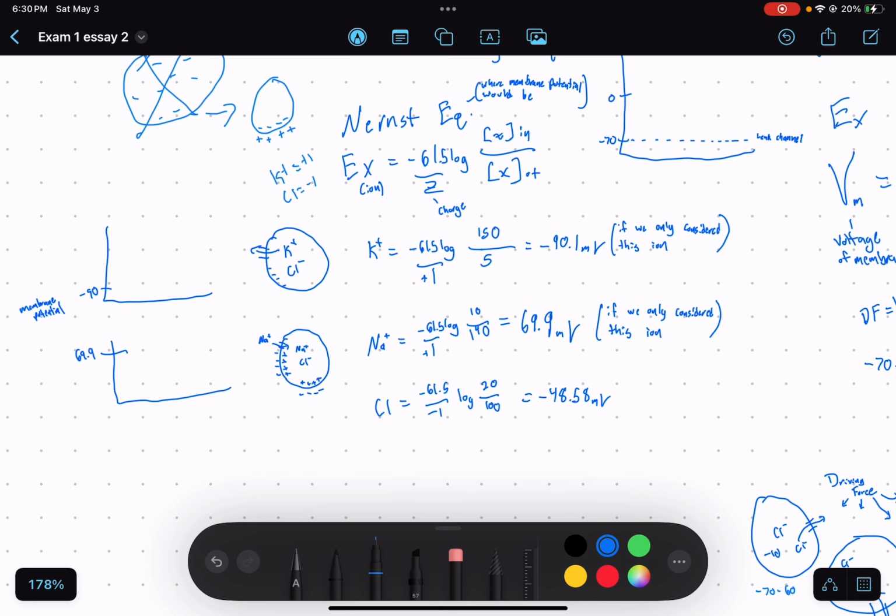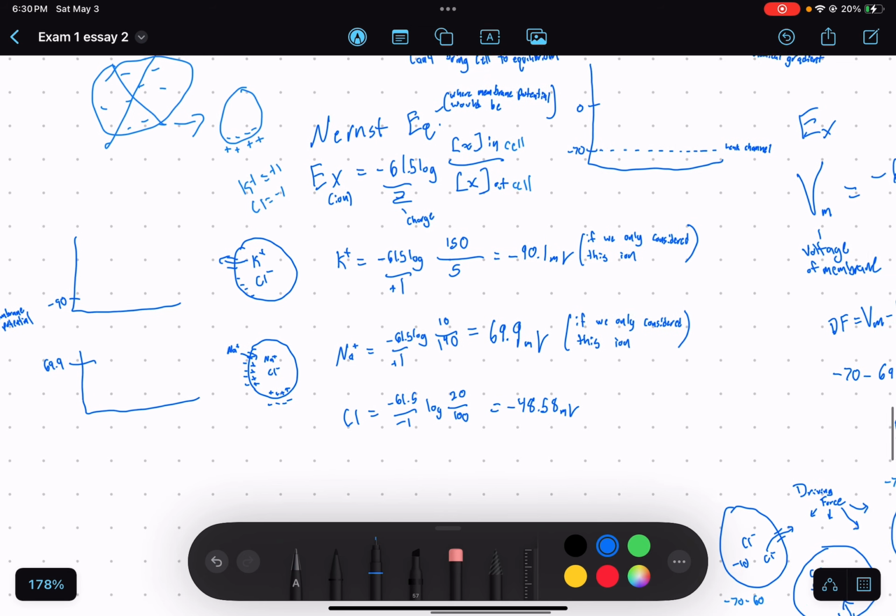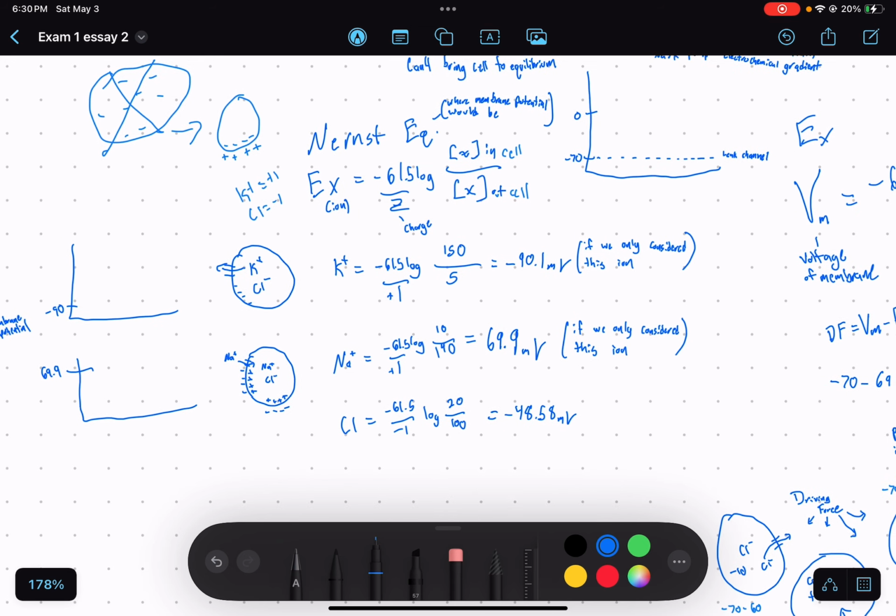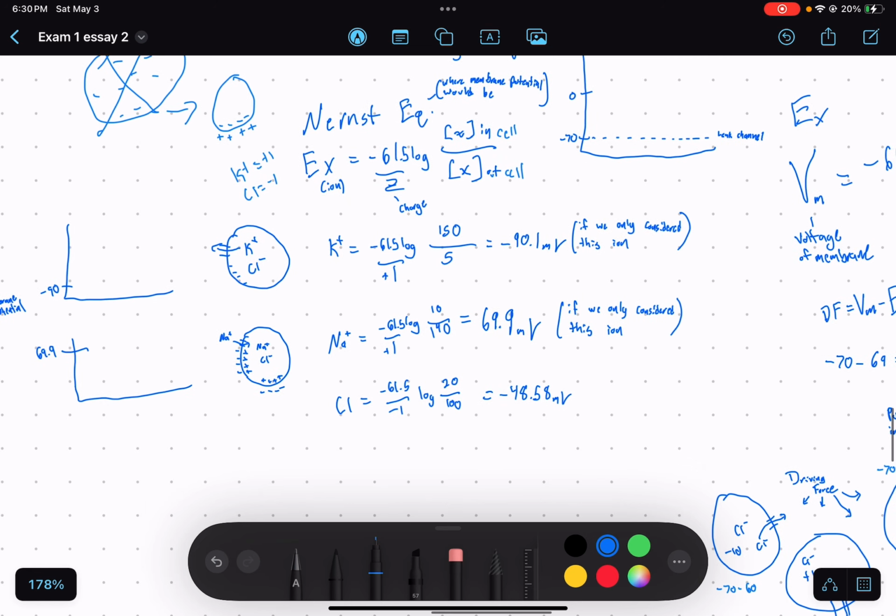Multiplied by the log of the concentration of the ion outside the cell over the concentration of the ion inside the cell. And this is done for each specific ion.